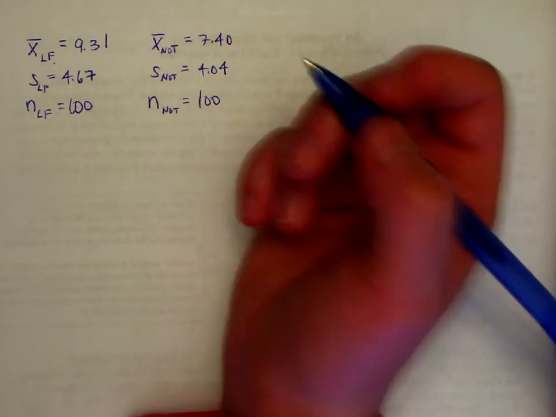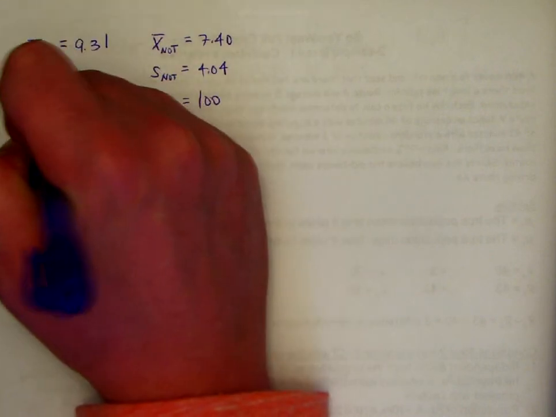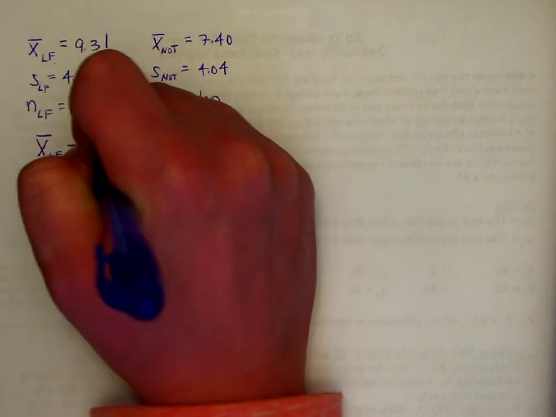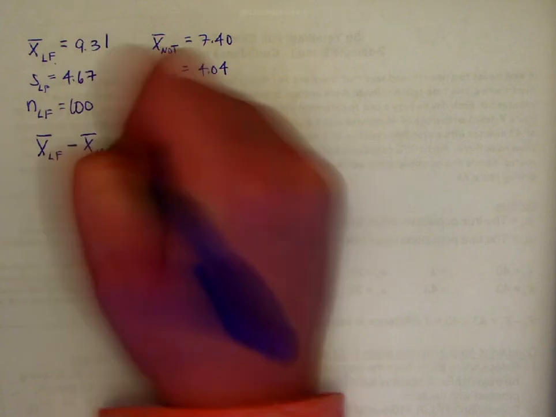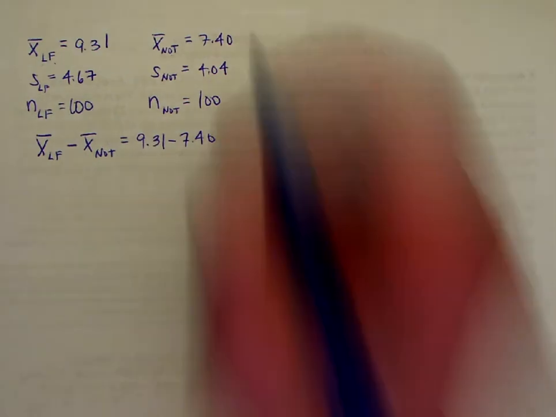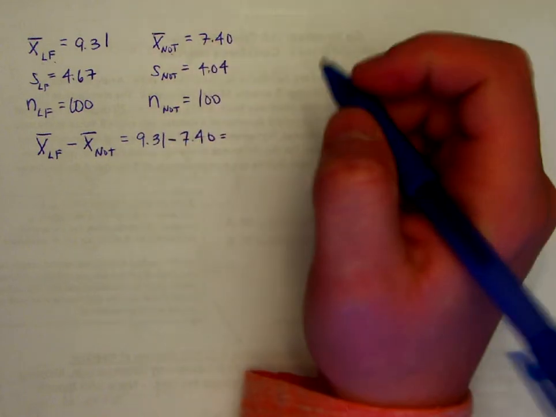Because we're trying to compare these two groups to each other, we're definitely going to be needing our X bar low fat. So I'm going to do larger minus X bar not low fat. And our difference is 1.91.